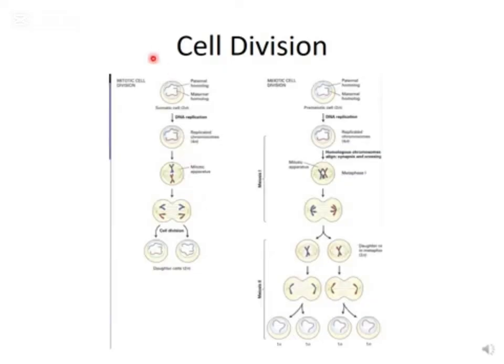As we mentioned, we have mitotic cell division and meiotic cell division. In mitotic cell division, we have two collections of chromosomes resulting in 2n number of chromosomes. N represents the haploid number of chromosomes. In the case of humans, it's 23 chromosomes.